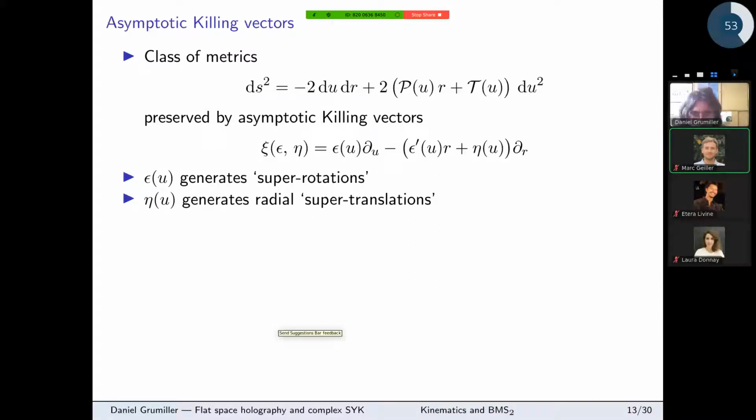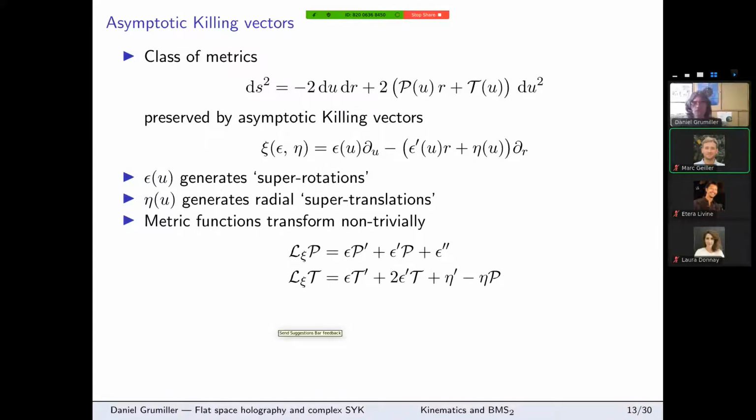And eta(u) generates supertranslations, or an analog of supertranslations. You are justified to call these translations because all these generators commute with each other. I call them radial supertranslations because the translation is in the direction of the radial coordinate. And instead of angle dependence, we have this u dependence of the function appearing as a prefactor.